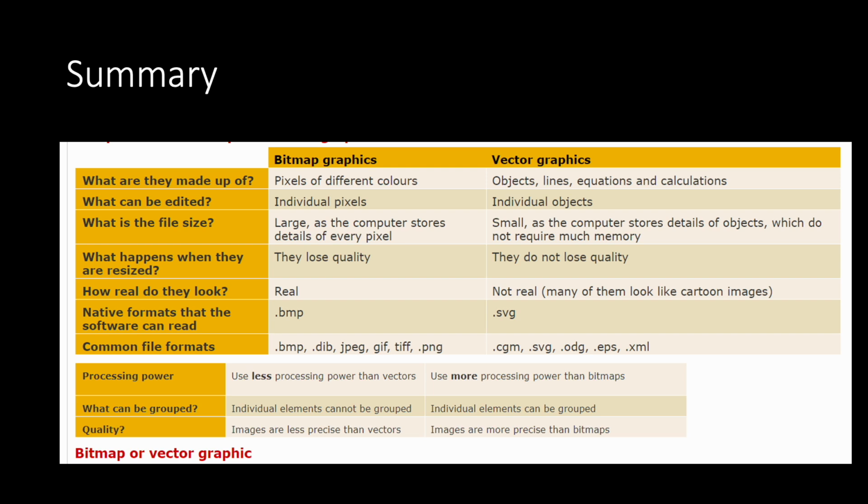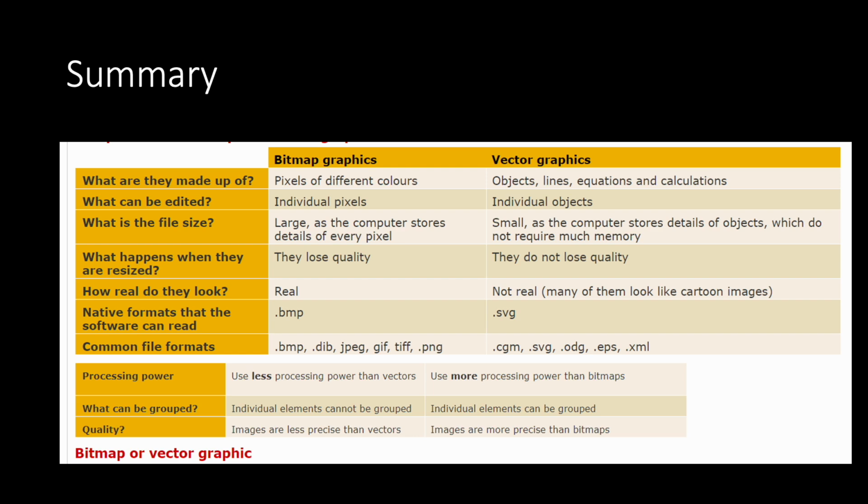Let's have a look at this quick summary between bitmap files and vector graphics. And I'm going to give you a quick test after this slide. Bitmap graphics are made out of pixels of different colors, and vector graphics are made out of objects, lines, equations, and calculations. What can be edited in bitmap files? Individual pixels.